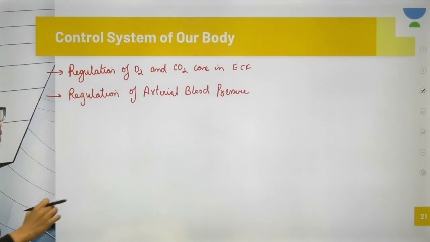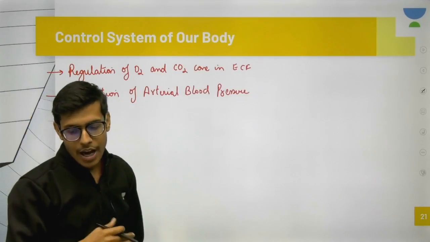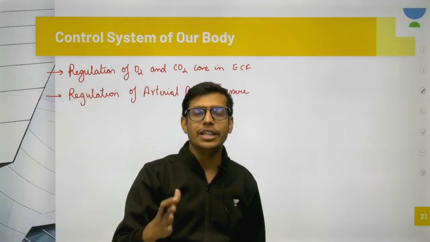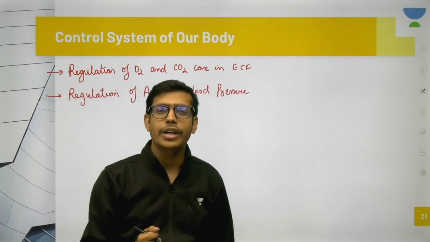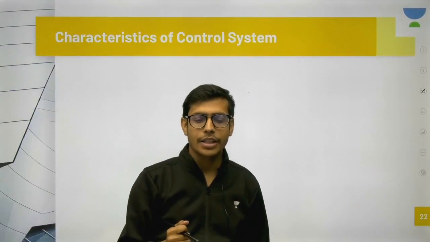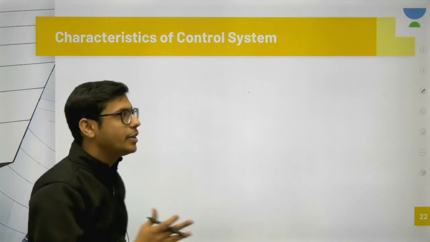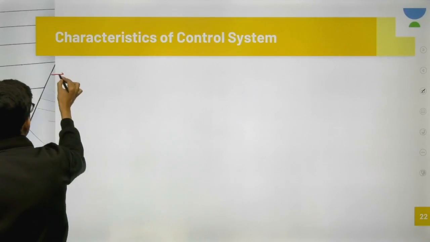So these two regulations occur in our body, and they are controlled by two feedback mechanisms. The first one is called the negative feedback mechanism, and the second one is called the positive feedback mechanism. So we'll see two types of feedback mechanism.